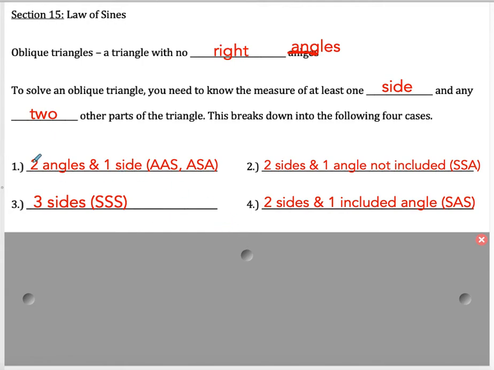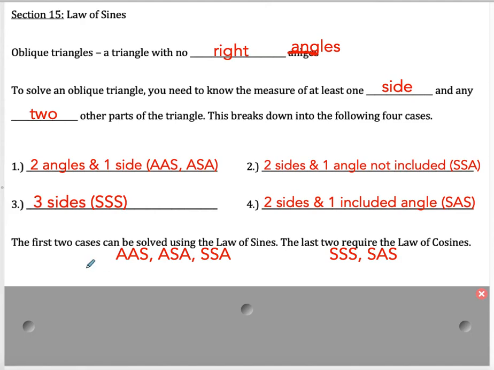So this is case 1, 2, 3, and 4. The first 2 cases, case 1 and case 2, we'll look at today for law of sines. To be able to solve case 3 or case 4, we're going to have to use law of cosines, and we'll learn what that is next class.